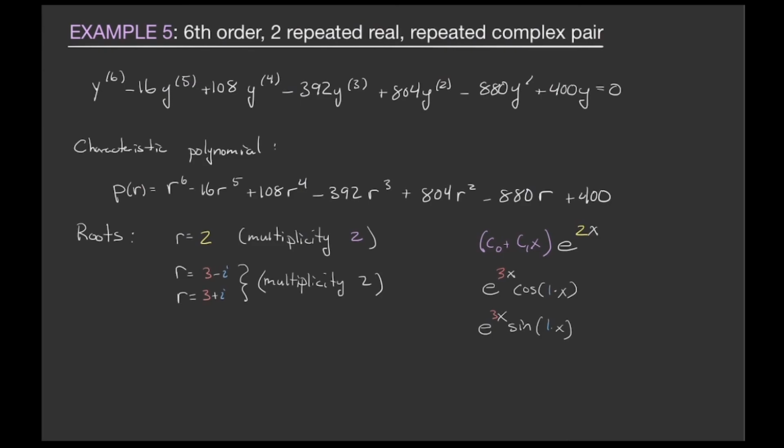Because it's multiplicity 2, that gives us a polynomial with 2 terms. Now notice I'm going to use different constants for the different trig terms. So I use c2 plus c3x for the cosine, and then c4 plus c5x for the sine. Now we assemble these all together to get the solution formula.